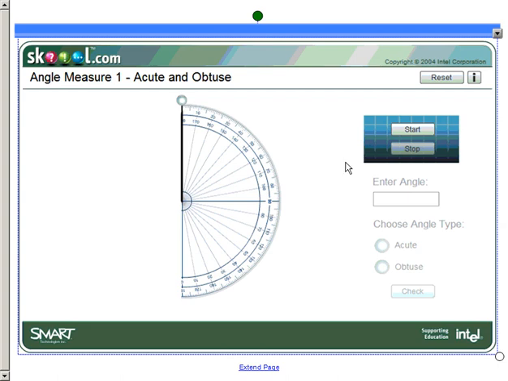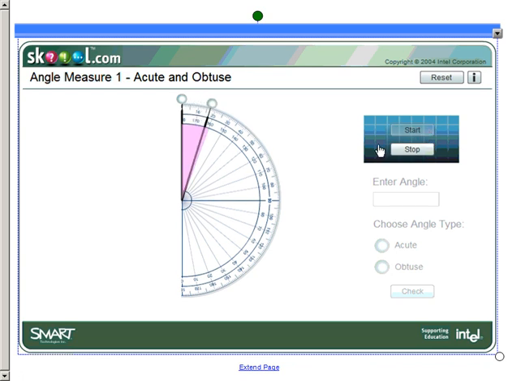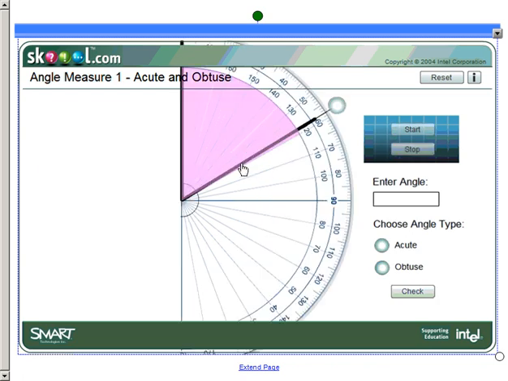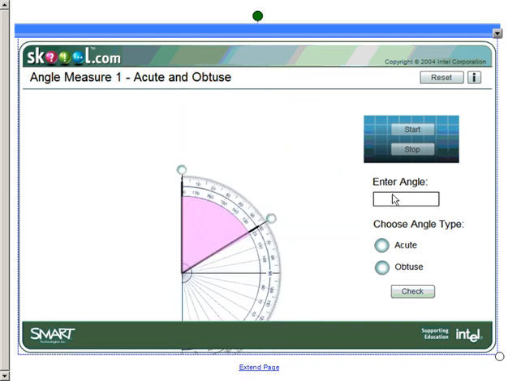So we're going to talk about acute and obtuse angles. So I'm going to start my angle and I'm going to stop it. I can zoom in, and if I look at my protractor, I see that this angle is about 58 degrees.